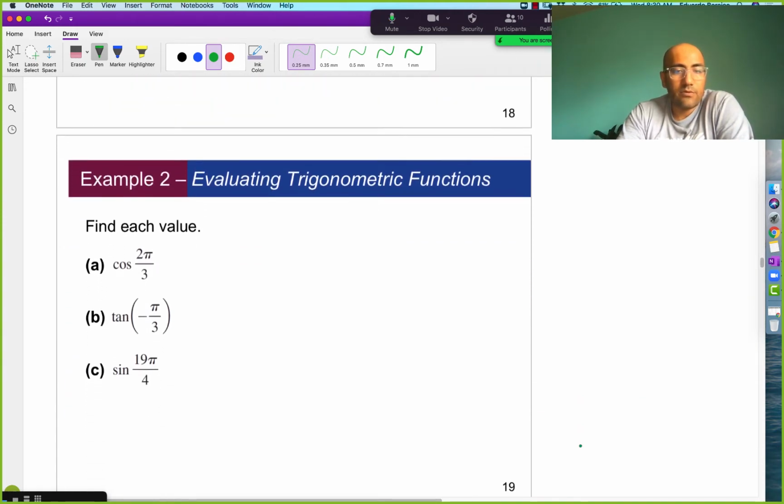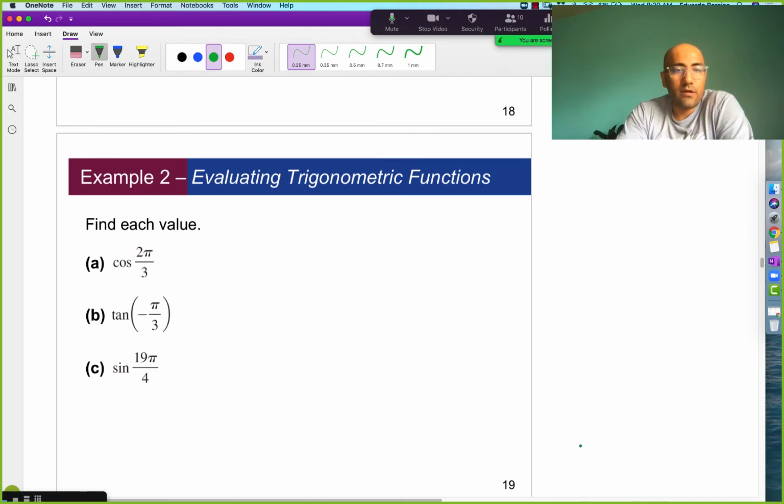So here's some examples. Number 1, cosine of 2 pi over 3. Part A. Solve part A. Okay, so the first thing we have to do is think about where is 2 pi over 3 in relation to which quadrant it's in, so we can find the reference value. I would recommend converting the 2 pi over 3 into 2/3 pi.